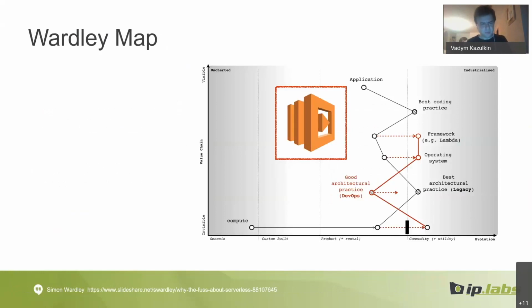But generally, what Simon Wardley describes is that each evolution goes through something completely new, then custom build, and then the function and the service providers like Azure Functions, like AWS, Google Functions, they currently became a commodity. Nobody wants to build that themselves, in order to be best practices.